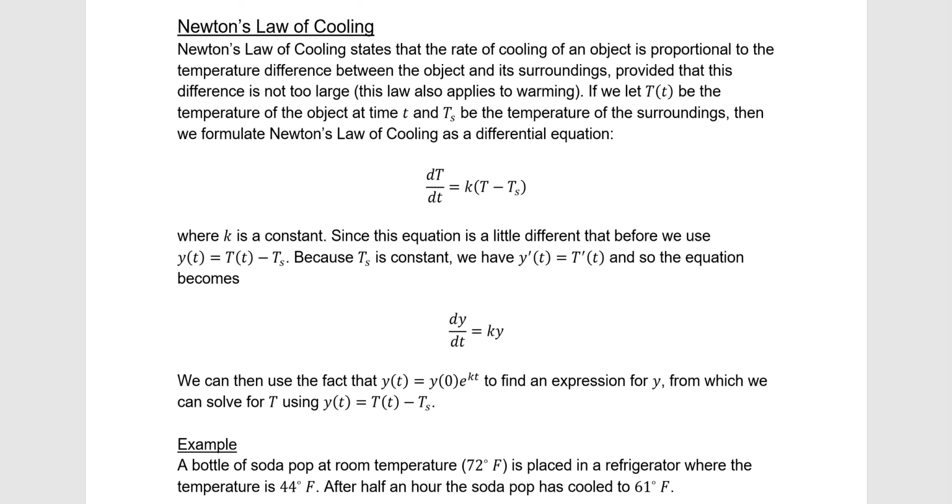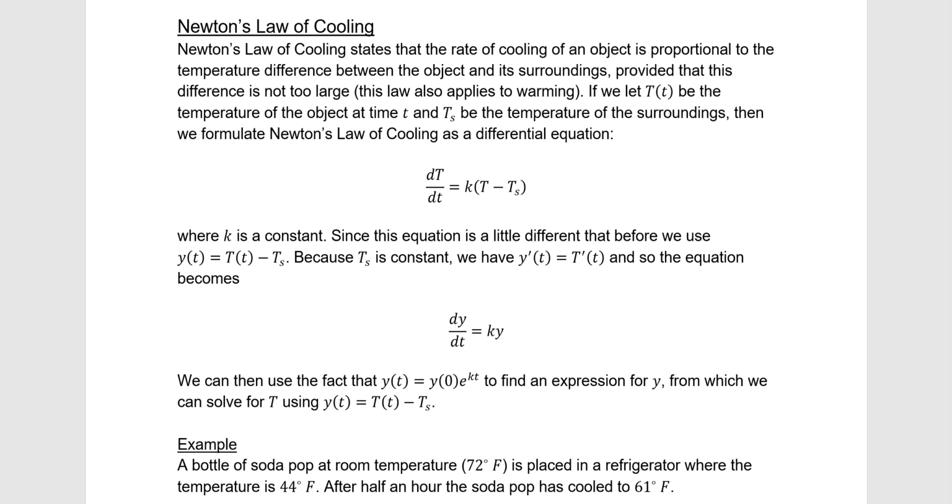Okay, and then the last application that we're going to be using this idea for is Newton's law of cooling. So Newton's law of cooling states that the rate of cooling of an object is proportional to the temperature difference between the object and its surroundings. Okay, so we're going to have some variables here.